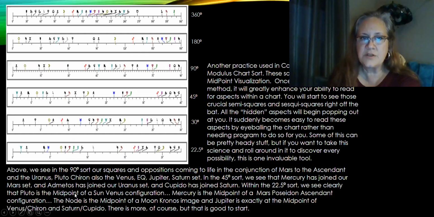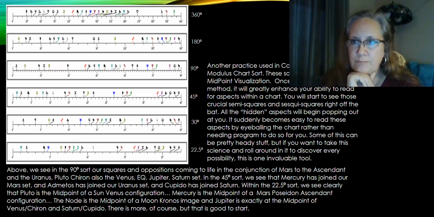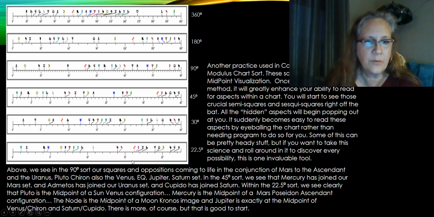There's so much more to these chart sorts than what I'm able to show in a brief presentation. But right here we've got the moon node Kronos. This is big in my life.